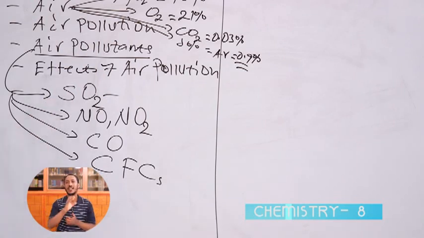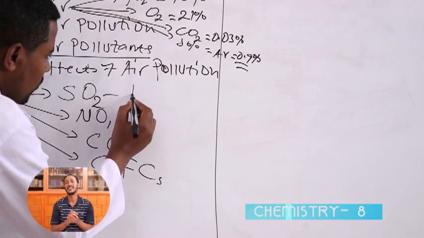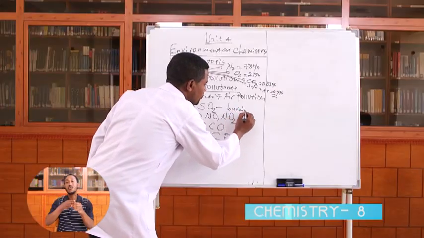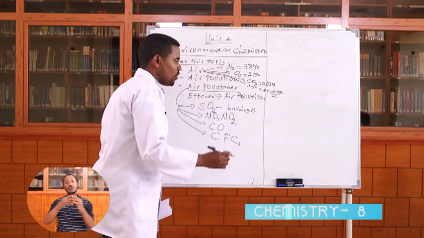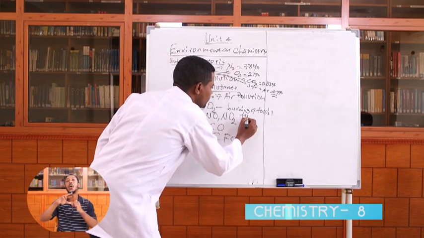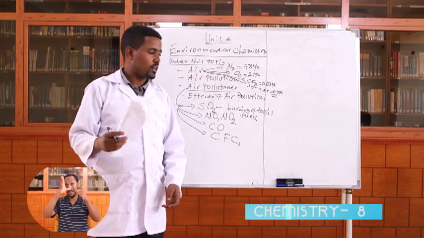Sulfur dioxide originates from burning of fossil fuels such as coal, natural gas, and so on.